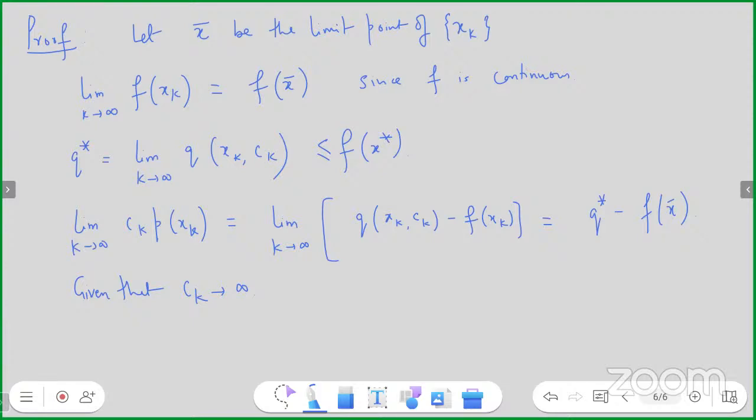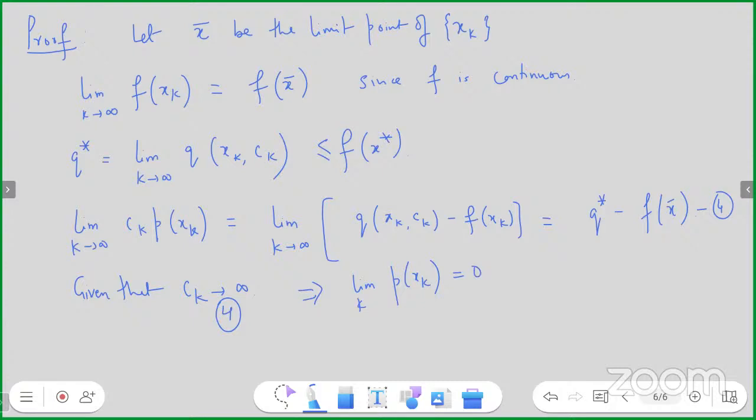Why is it 0? If it is not zero, q star minus f of x star is bounded. But c_k is going to infinity. So how can it be bounded unless p of x_k goes to 0? There is no other way. So the limit of p of x_k has to go to 0.